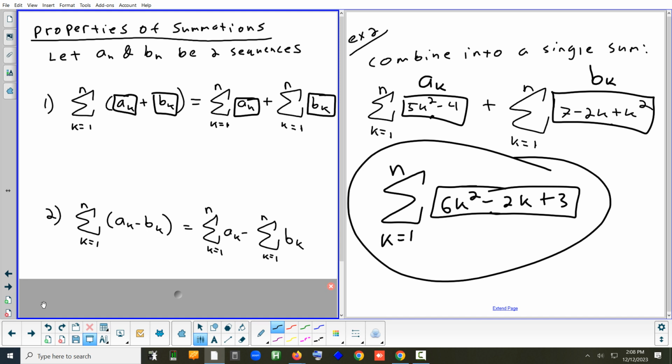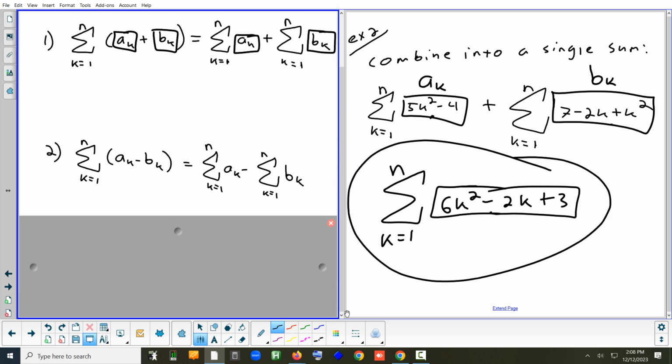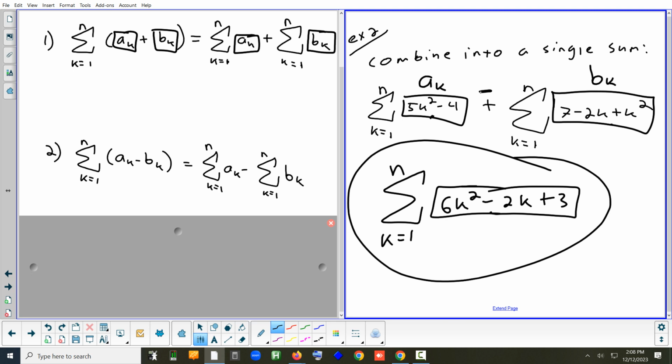If you had to subtract two different sigmas, you can combine them into one. But when you combine them, don't add the two, subtract the two. So addition and subtraction pretty much work exactly the same. You just want to be careful when you subtract, because if this was a minus sign right here, this minus gets applied to everything.